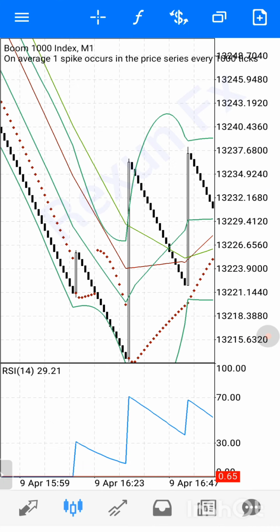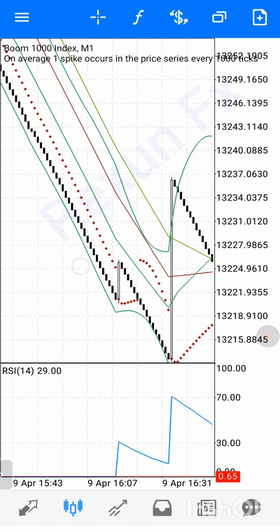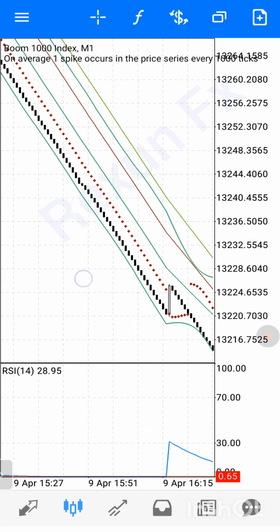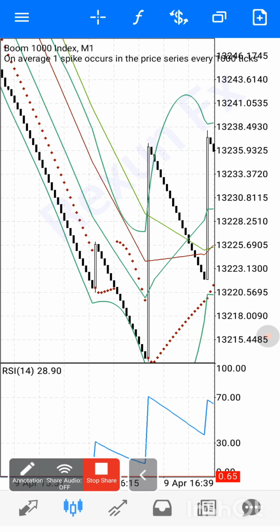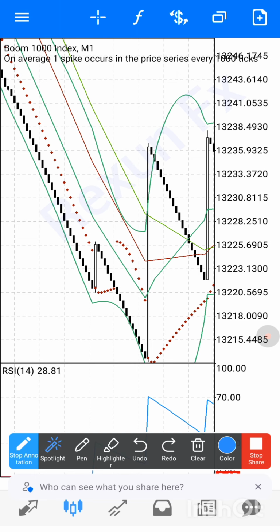Another very important thing to note in determining whether there are going to be multiple spikes in taking this kind of trade is the head and shoulders, or should I say the inverted head and shoulders formation, right? So imagine this is a very good head and shoulders formation.